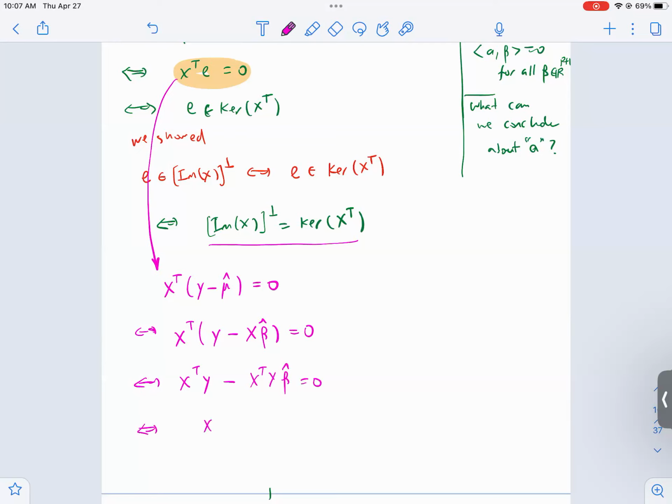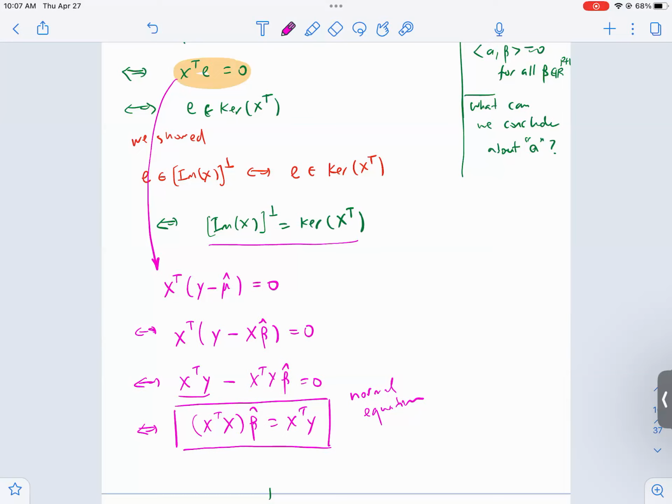I keep X transpose X beta hat and move the other term to the other side, giving X transpose X beta hat equals X transpose Y. That's the equation this gives us, and these are called the normal equations. It's a linear system of equations in beta hat that you can solve.